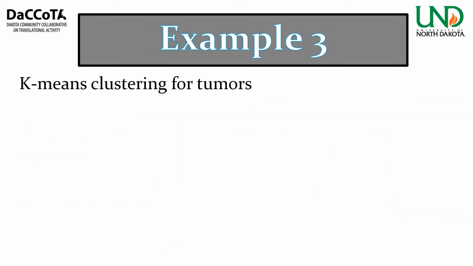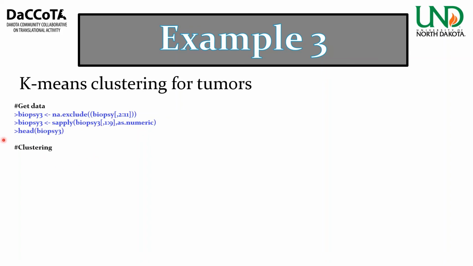Okay, we're going to turn to our unsupervised learning setup and to do k-means clustering for these tumors. So we're going to get the data in, the biopsy, set it as numeric, and then now, because we don't actually want those class pairs of benign and malignant, I'm going to keep that out of our data set, and then we're just going to cluster using k-means.